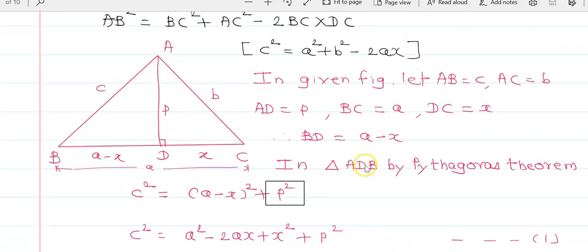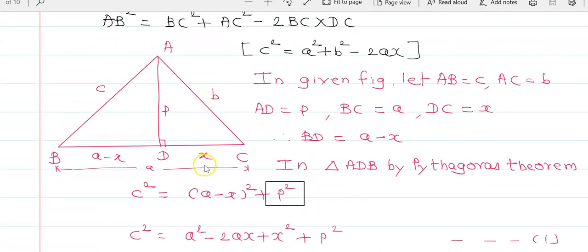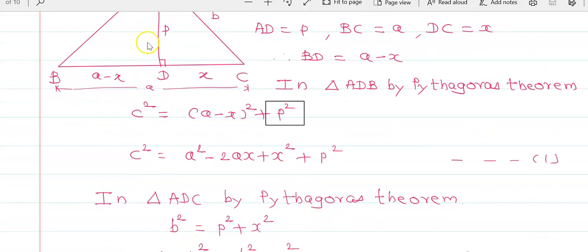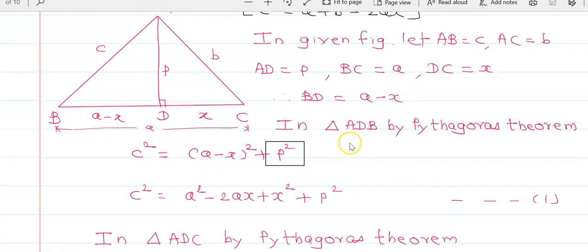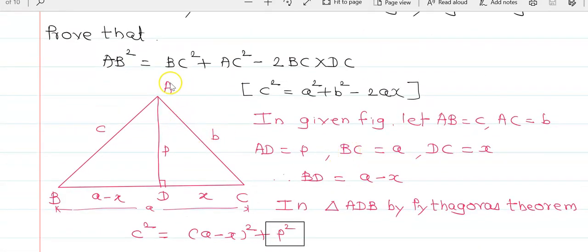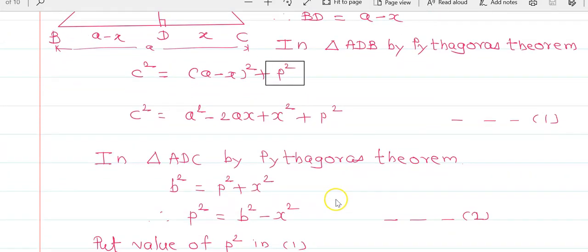Now also in triangle ADC, in this triangle, AC square, that is B square, is equal to P square plus X square. Now we will substitute the value of P square. Whatever we want to prove makes no mention of the side AD, and that's why we will try to eliminate it.